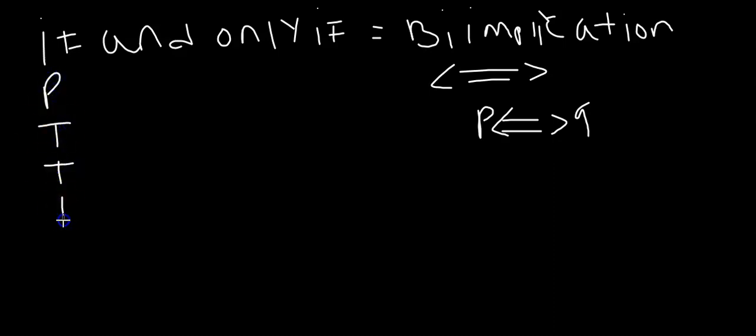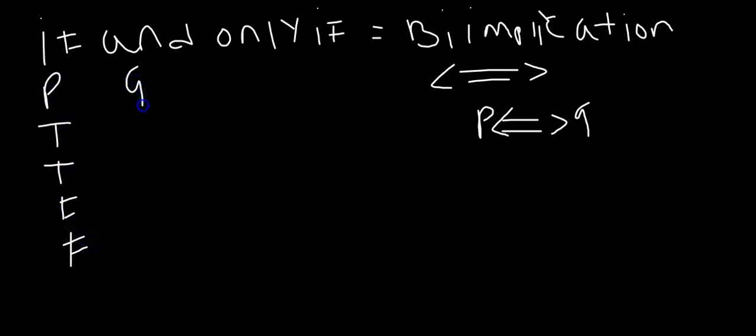The way you say it is P biimplication with Q, so P biimplies Q. Or you also can say P if and only if Q. So this is how you say it. Now let's do it. If we got P, that is true, true, false, false.